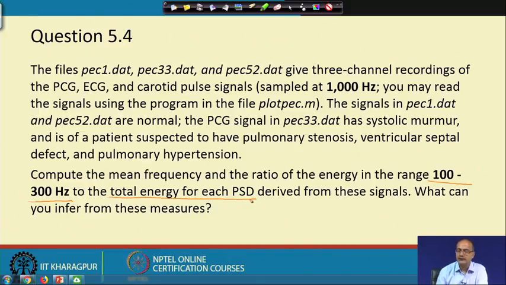Okay. So, fractional energy within this band, okay.